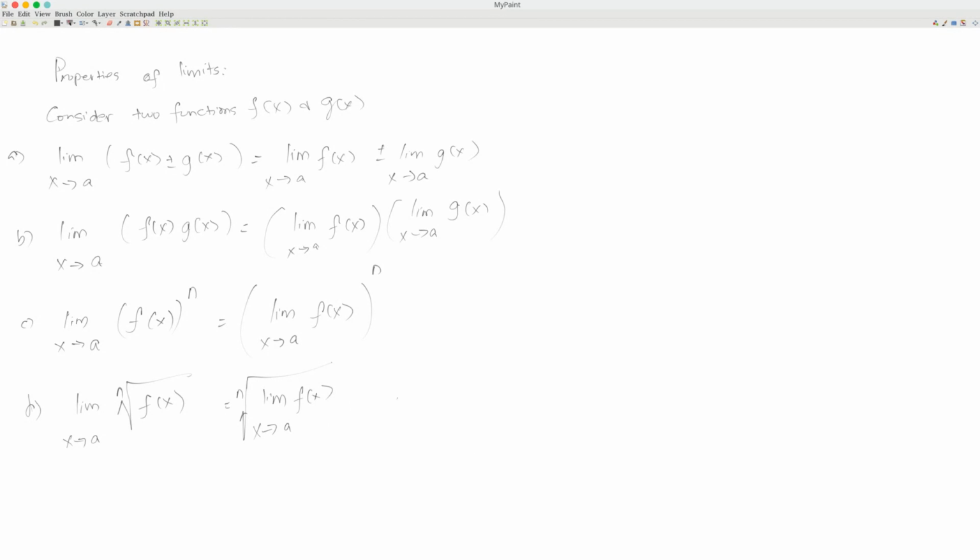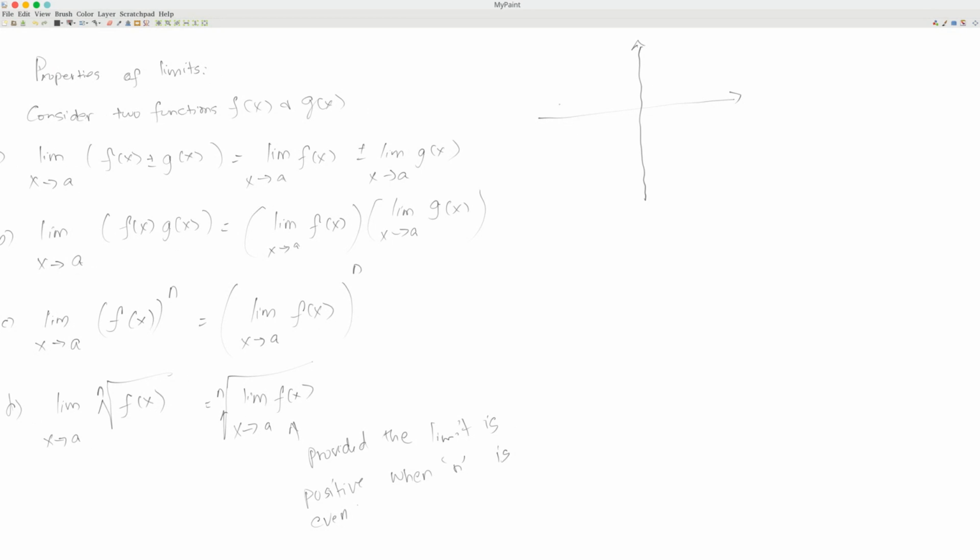This would only work provided that number is positive, so provided the limit is positive when n is even. So let's take two functions and let's demonstrate this quickly.